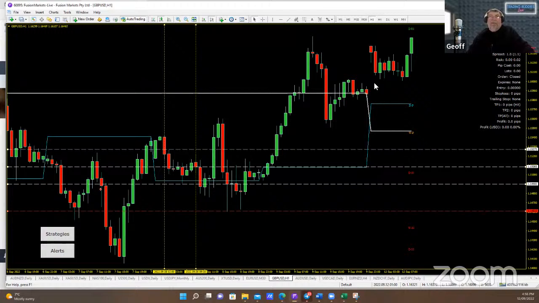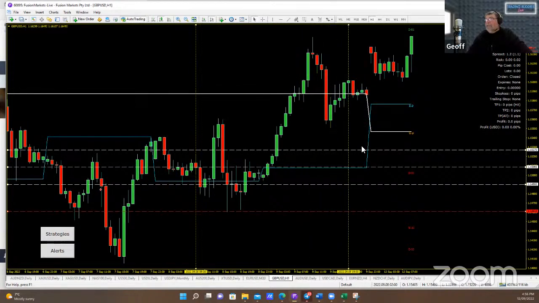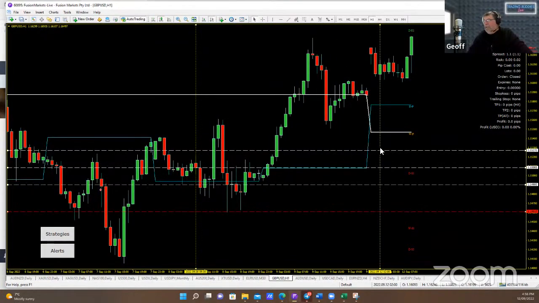Right, this one, for those of you who are new, first of all, welcome to you. This is an attempt to trade the London Open on pound versus the US dollar. The current parameters I'm using are to isolate the Asia session: this is the first candle of Tokyo, and this is the last candle prior to London Open.